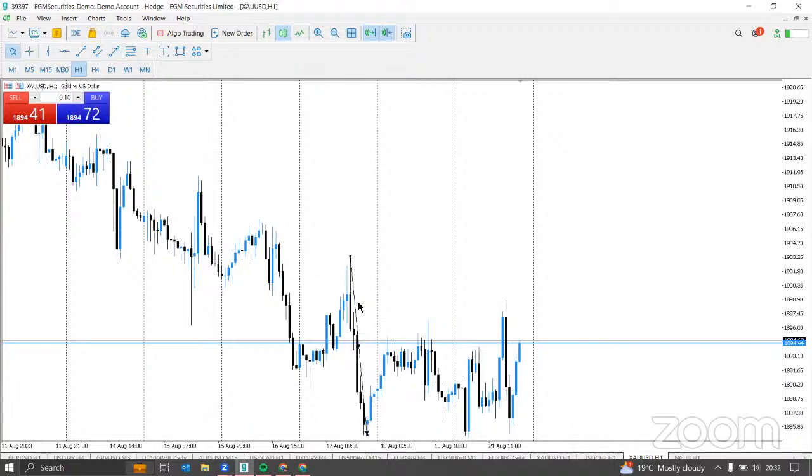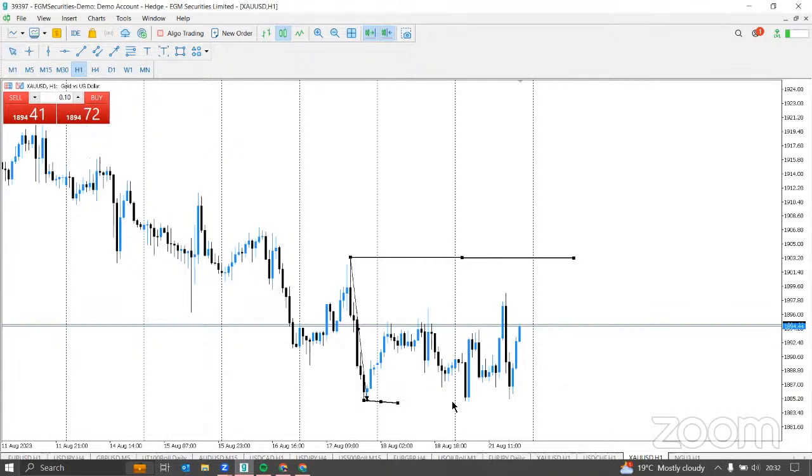Since the market hasn't broken either this point over here or this point down here, this continues to be our reference point up to the point where it either does that or does that past this reference move here.